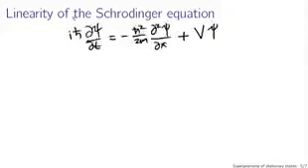Now, in order for an equation to be linear, what that means is that if psi solves the equation, psi plus some other psi that also solves the equation will solve the equation.